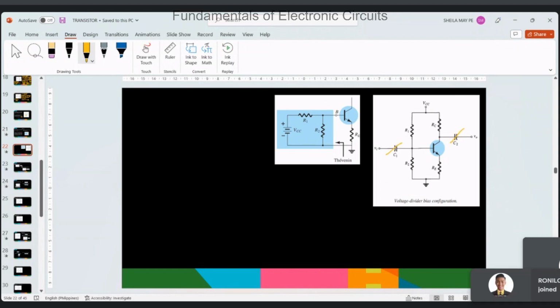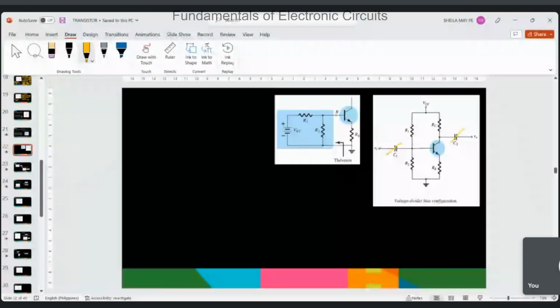We have a VCC, RC, and RE. But our voltage divider is composed of these two resistors, the R1 and the R2.